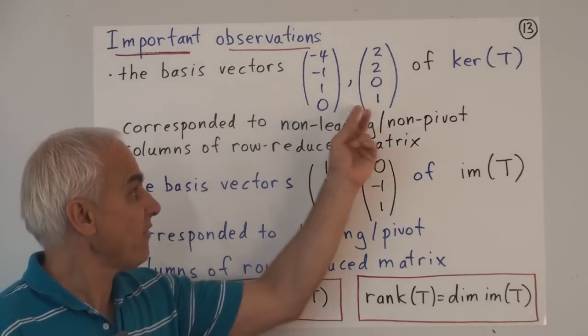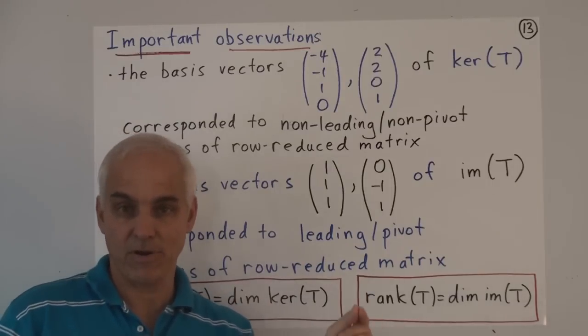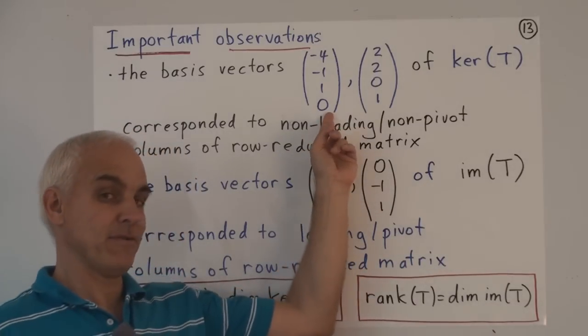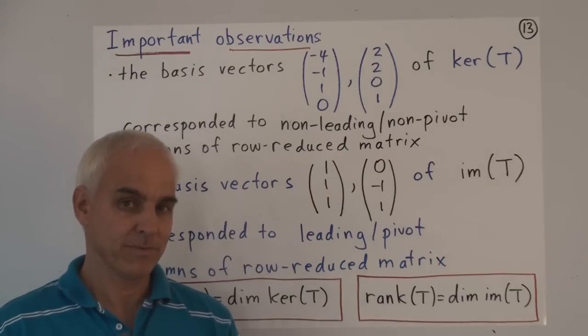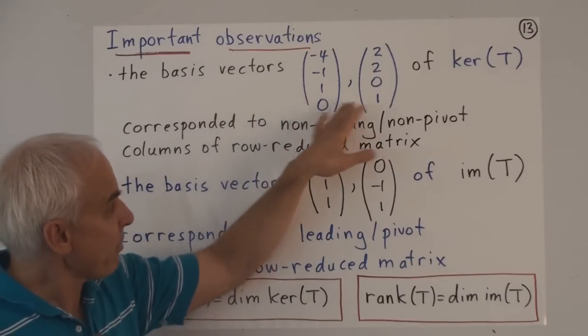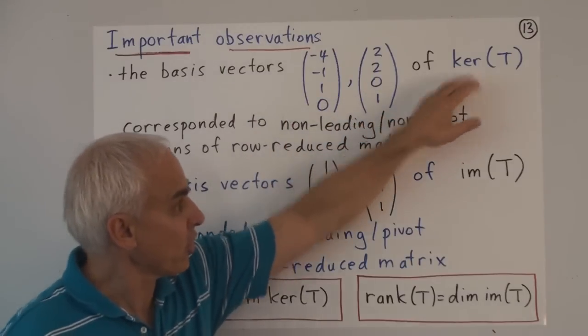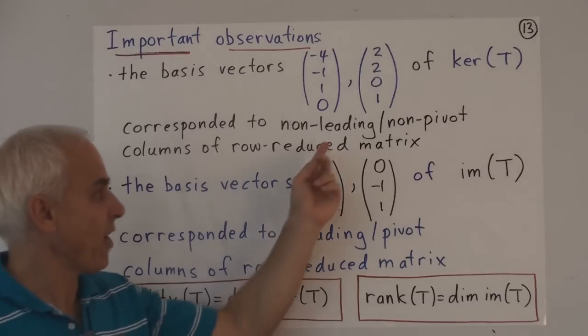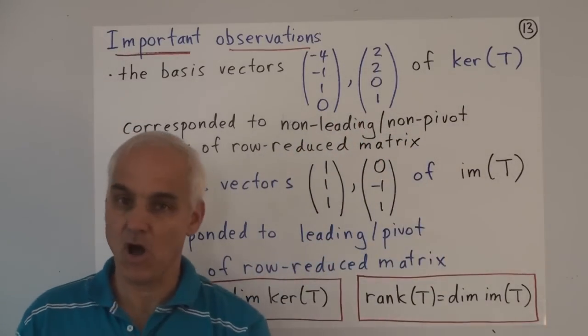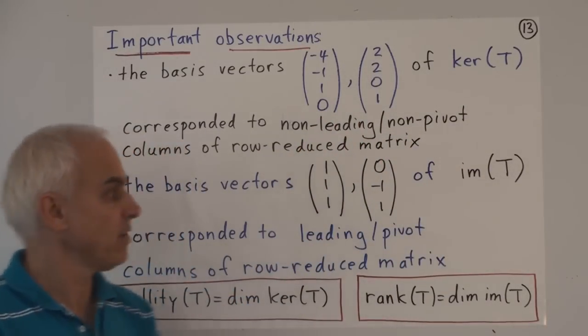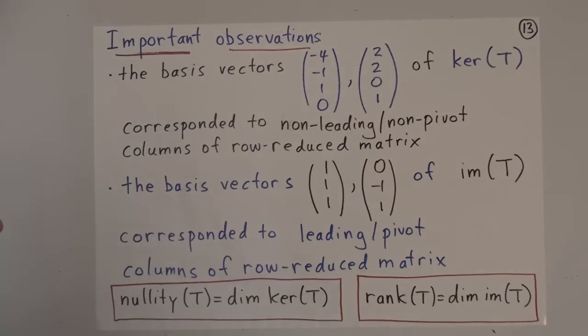And there was one of these vectors for each of the parameters. That one went to the parameter lambda, and that was associated to the parameter mu. So the number of vectors in the kernel of T corresponds to the number of parameters, or the number of non-leading or non-pivot columns in the row reduced matrix.